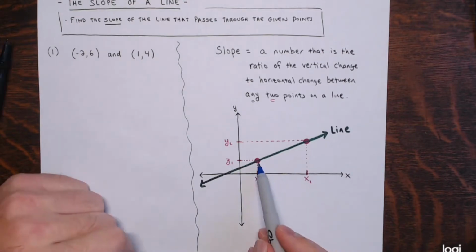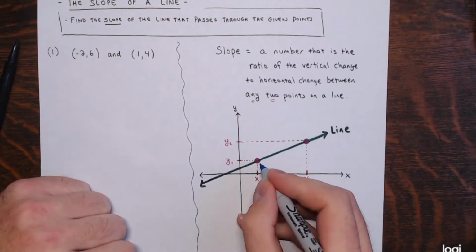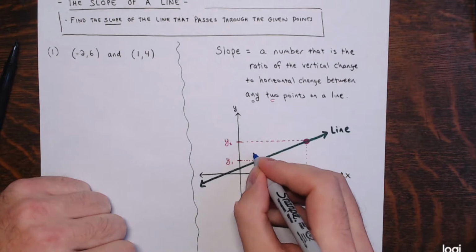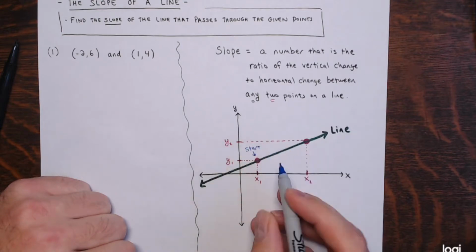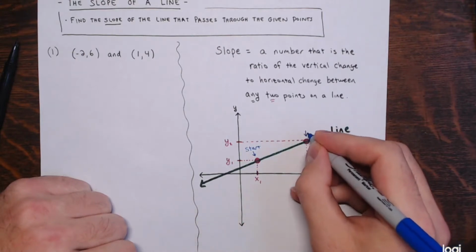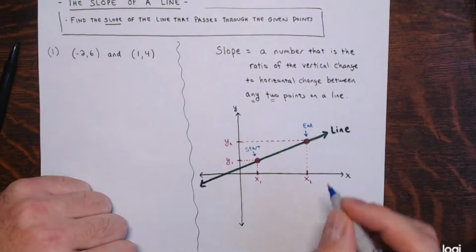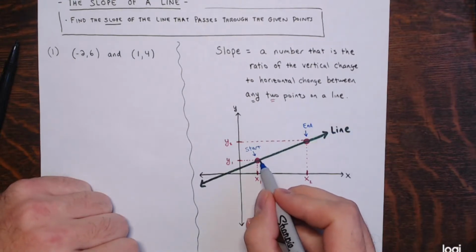You have to go left and right and up and down. So imagine I'm starting here at this first point with x1, y1 as coordinates, and I want to end at this point over here on the line. Well, how I would have to travel would be this.